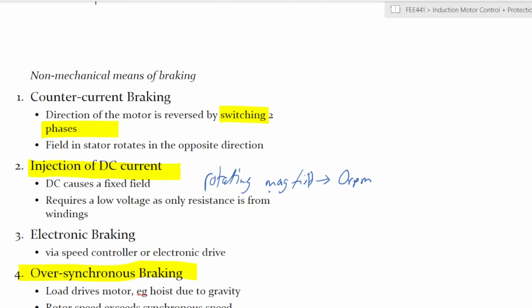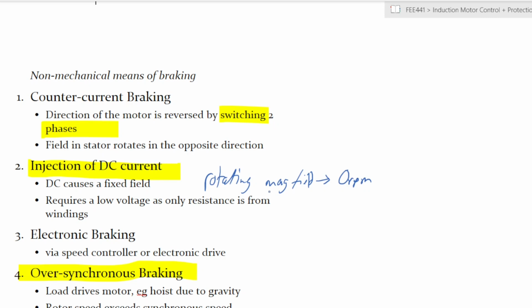But if the rotating magnetic field is 0, your rotor will have such a great difference in speed that it will try to reduce itself also down to 0, thereby braking.